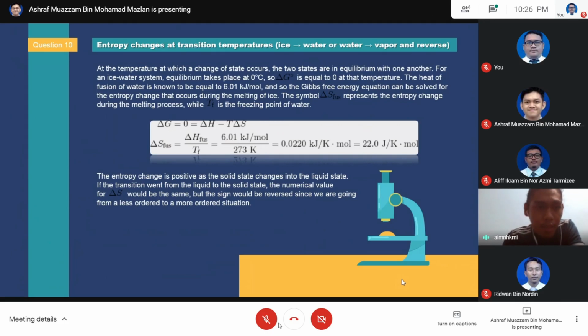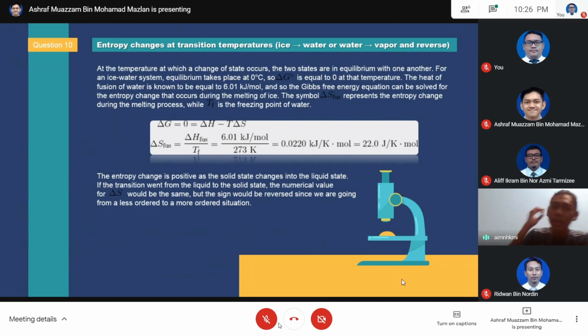The heat of fusion of water is known to be 6.01 kilojoule per mole. So the Gibbs free energy equation can be solved for the entropy change that occurs during the melting of ice. The symbol delta S FUS represents the entropy change during the melting process, while TF is the freezing point of water.